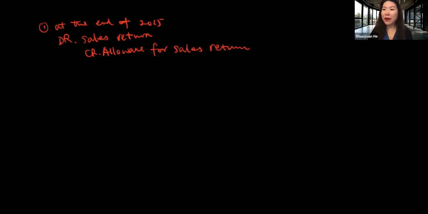For what amount? My original sale is 2 million, and it is estimated 10% of those sales will be returned. During the year 2015, already 130,000 is returned. So what is the rest that is expected to be returned? The rest is 70,000.